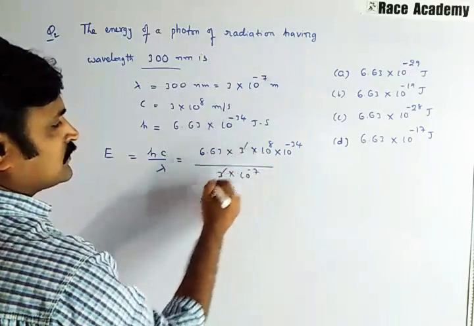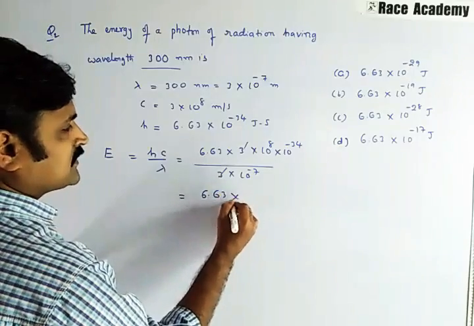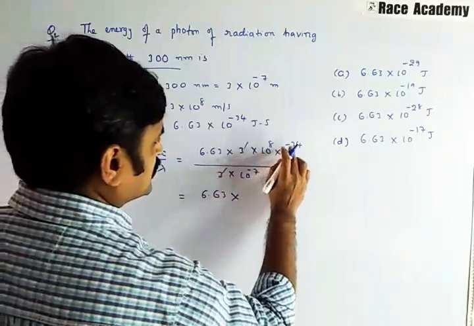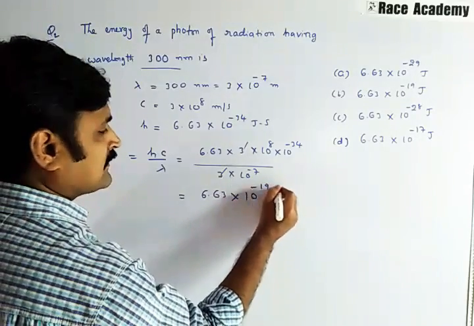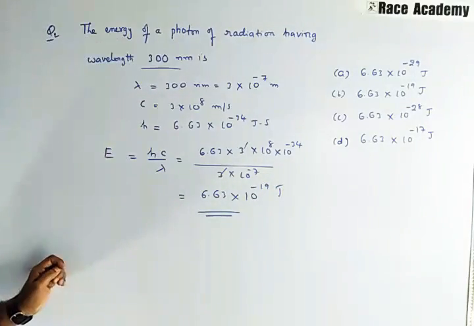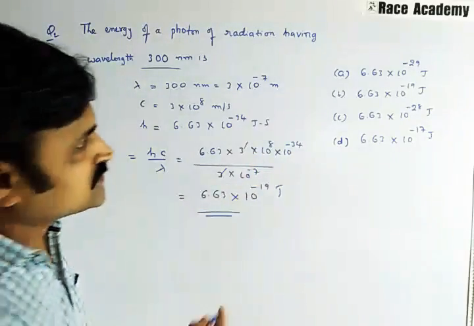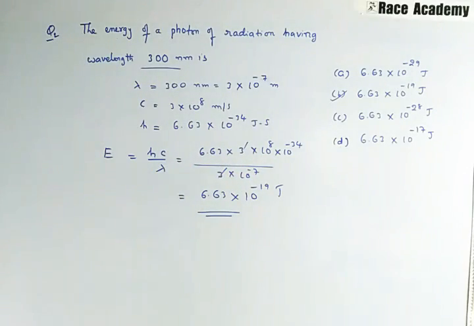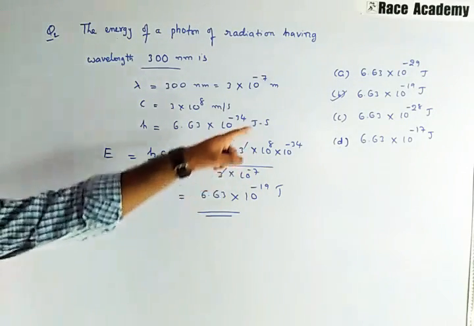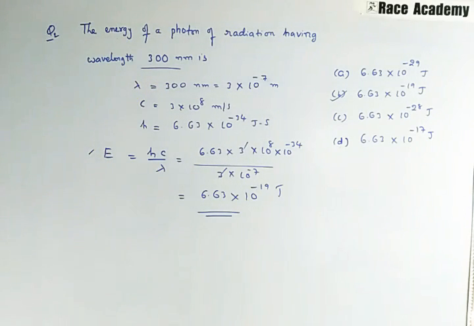Upon simplification, 6.63 into 10 to the power of minus 19 joules. Our second option is the right option for this calculation. This is the formula we have used to find the energy of the photon.